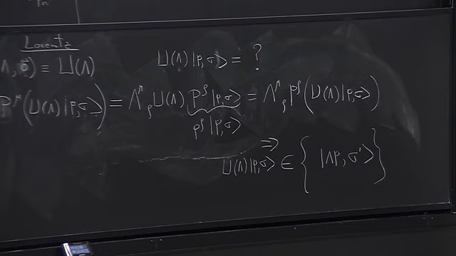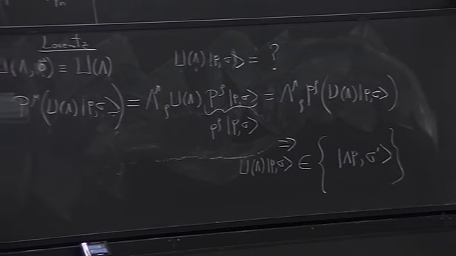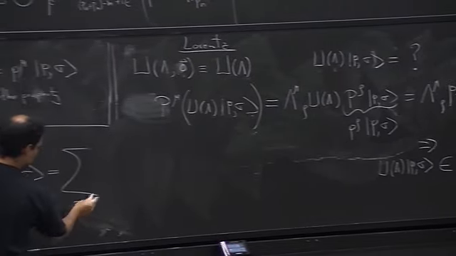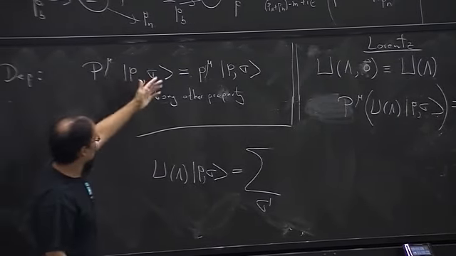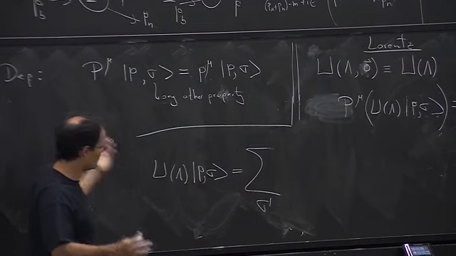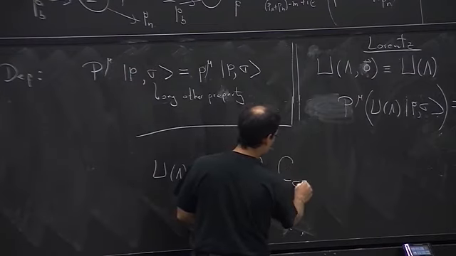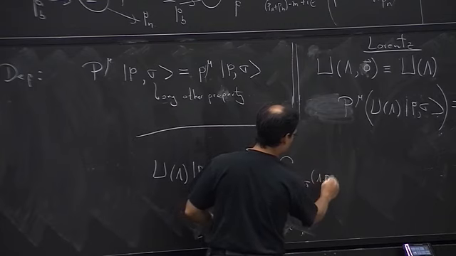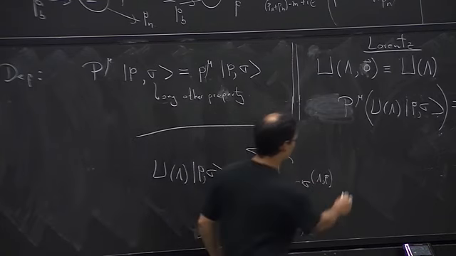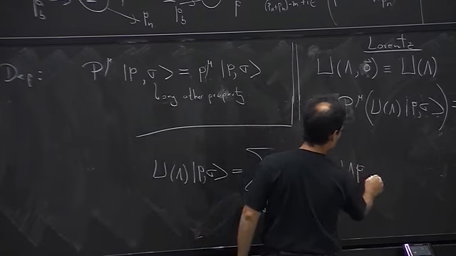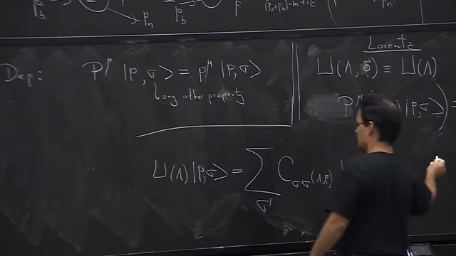So U lambda of P sigma is equal to the sum over all possible values of these properties of the particles, over all possible particles, with some coefficients that depend on the Lorentz transformation we made times this.